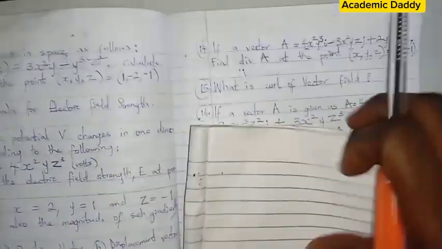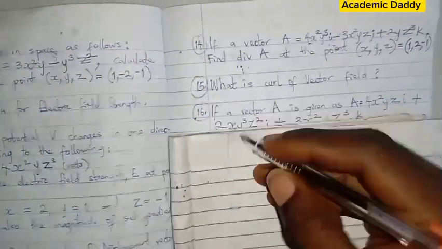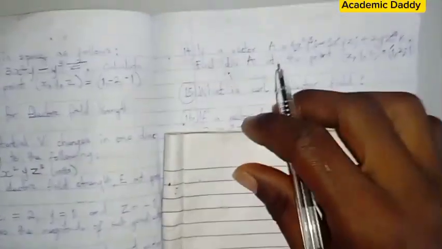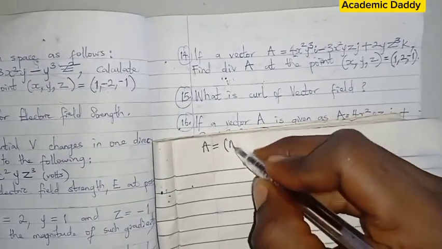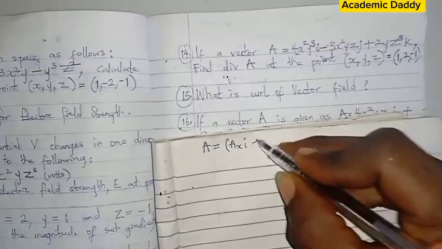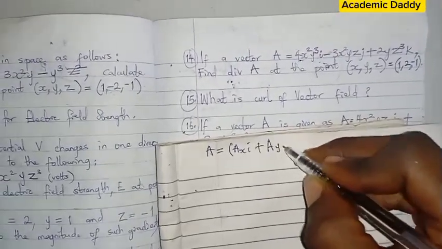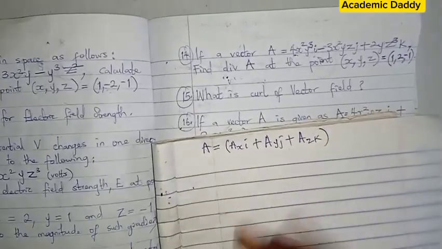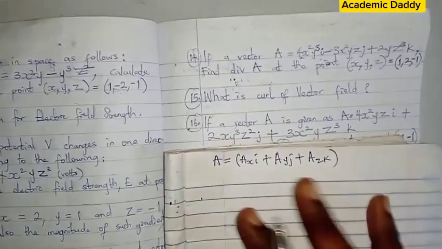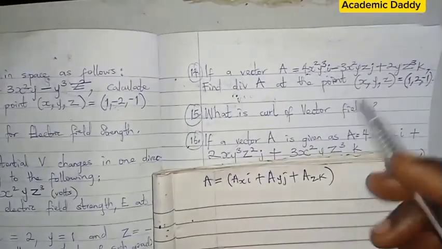So what it means is this. Let's say I have a vector A equals AX i plus AY j plus AZ k.